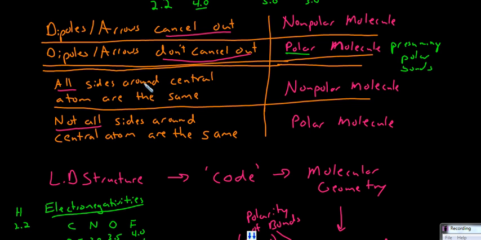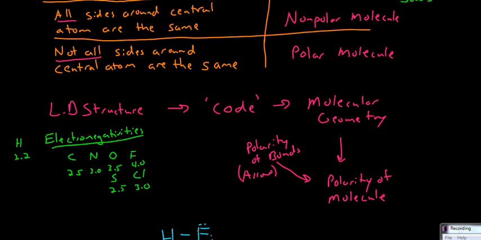Or if the arrows don't work out for you, particularly for the three-dimensional problems, the more complex ones, you could ask yourself, are all sides around the central atom the same? If all the sides are the same around the central atom, it's a nonpolar molecule. If they're not all the same, then it's a polar molecule. So, to consider all this, you need to be considering molecular geometry.